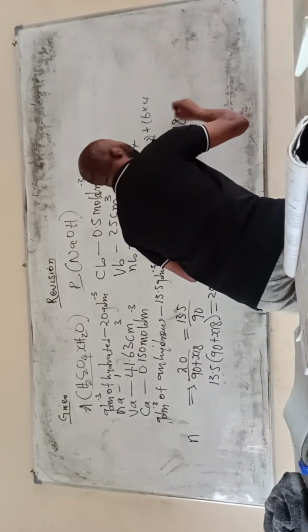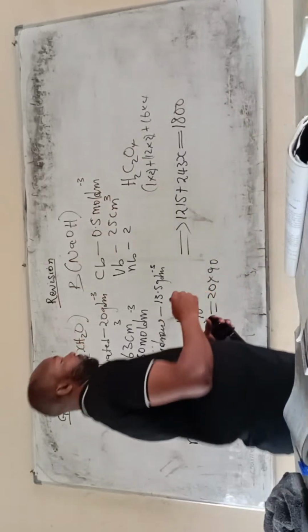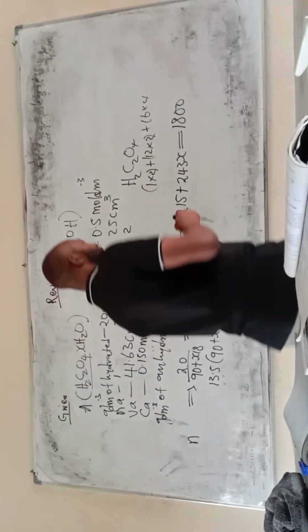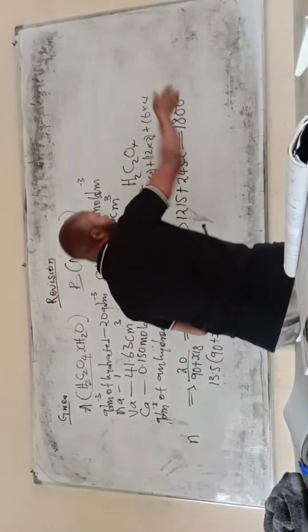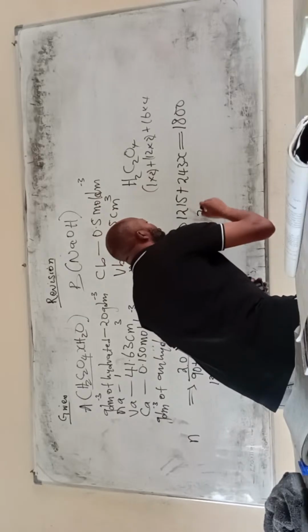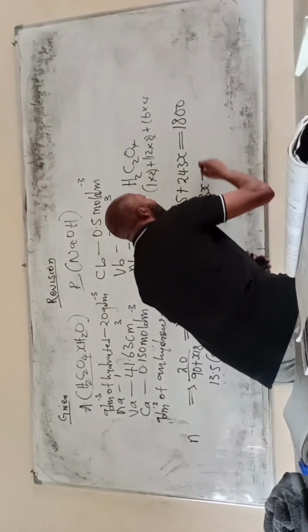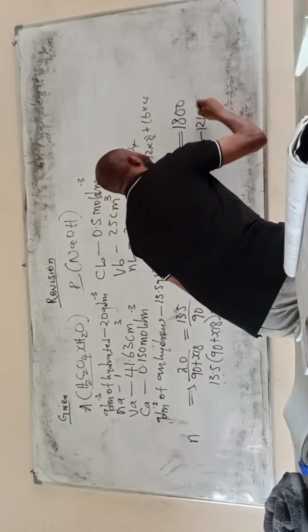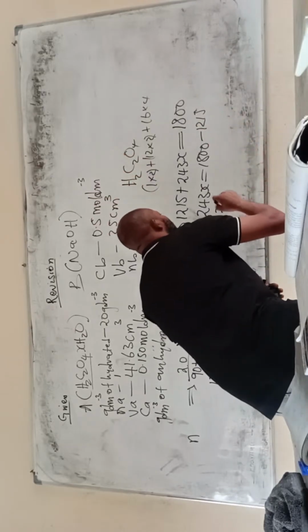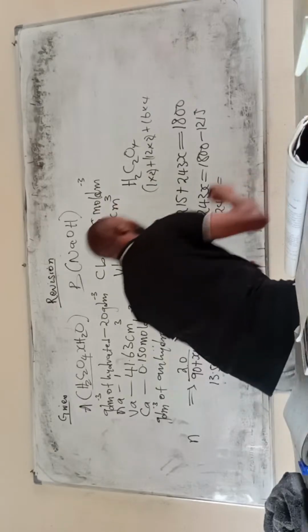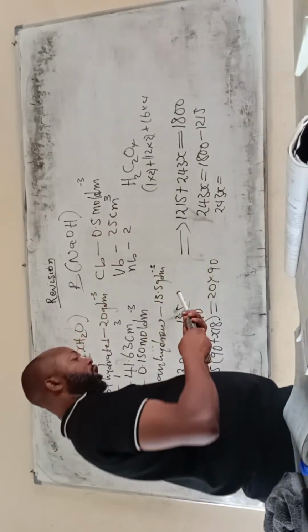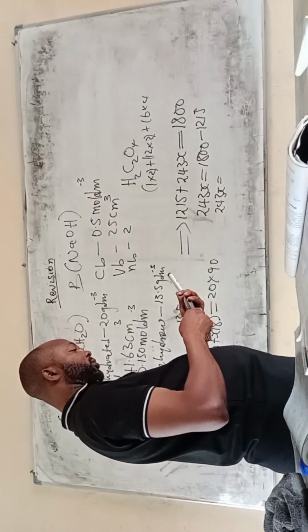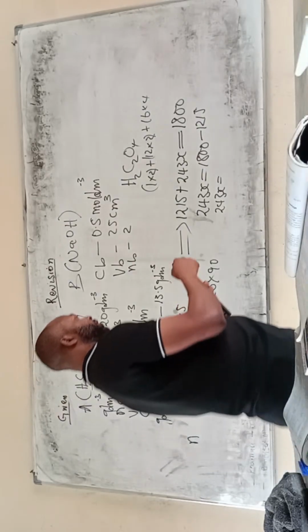So I have my 1800. Now, if I want to make x the subject, I will take this across the equality sign. So I have 243x is equal to 1800 minus 1215, which is 585.